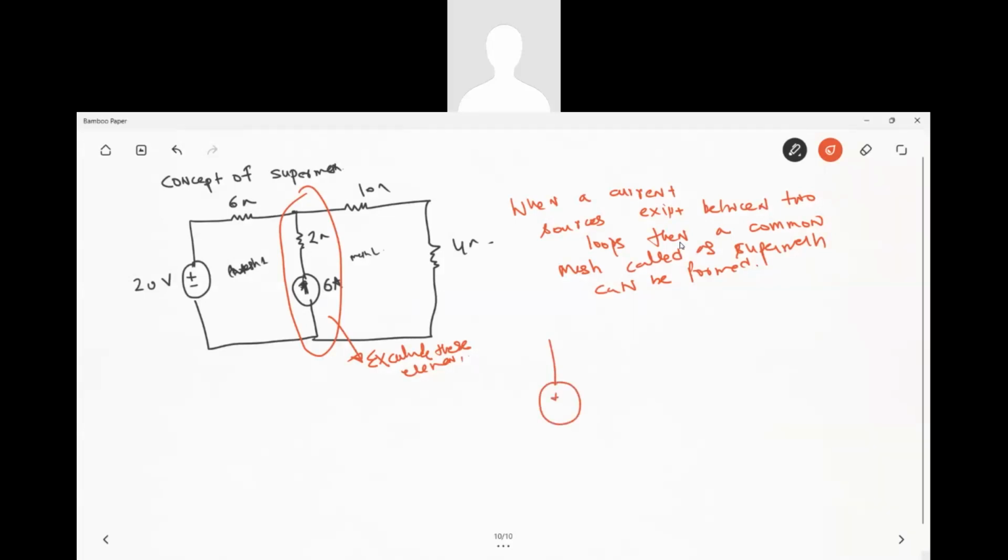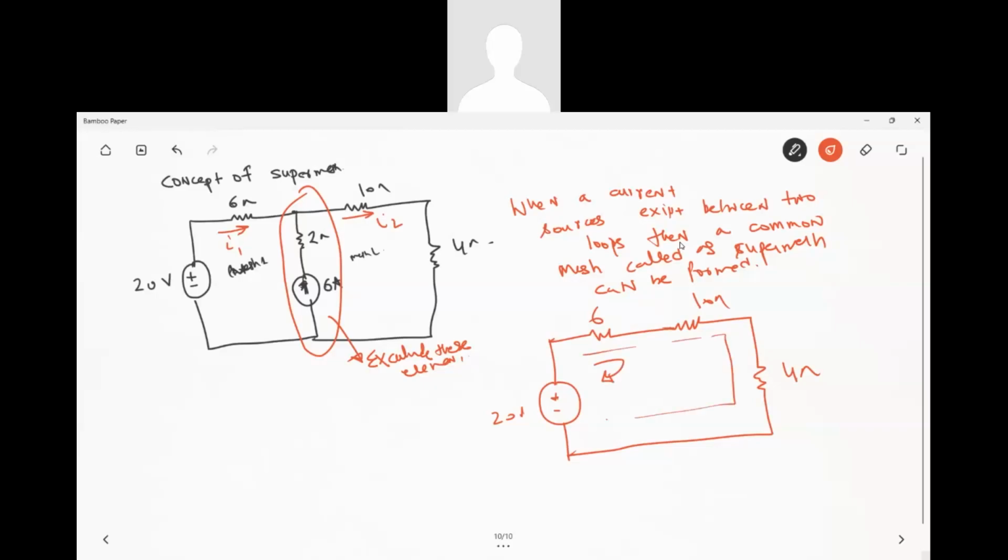Like this, this is your plus minus 20 volts, then this is 6. Across this I1 is going, and across this I2 is going. So this is your 10 ohm and this is your 4 ohm, and I'll have I1 and I2 across them.